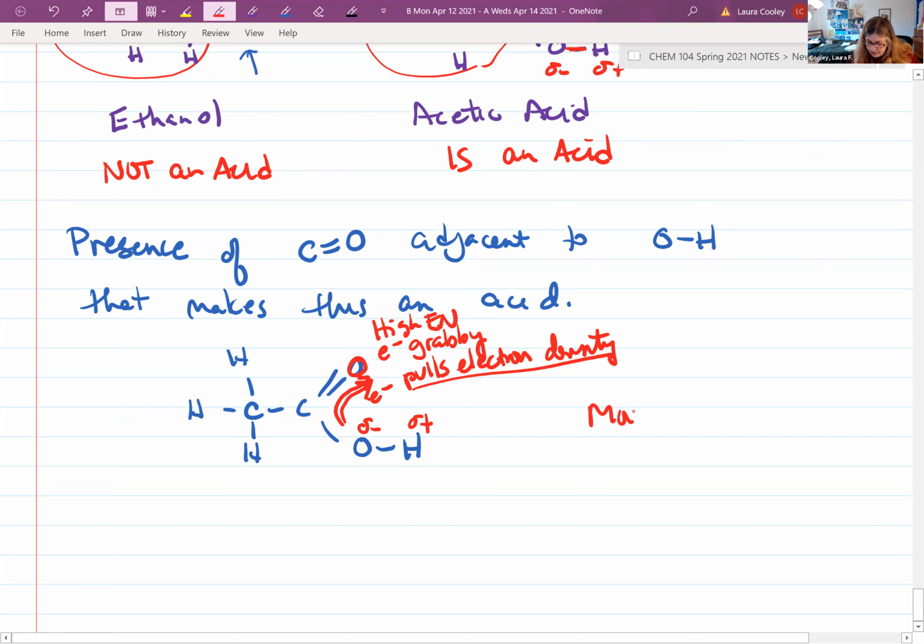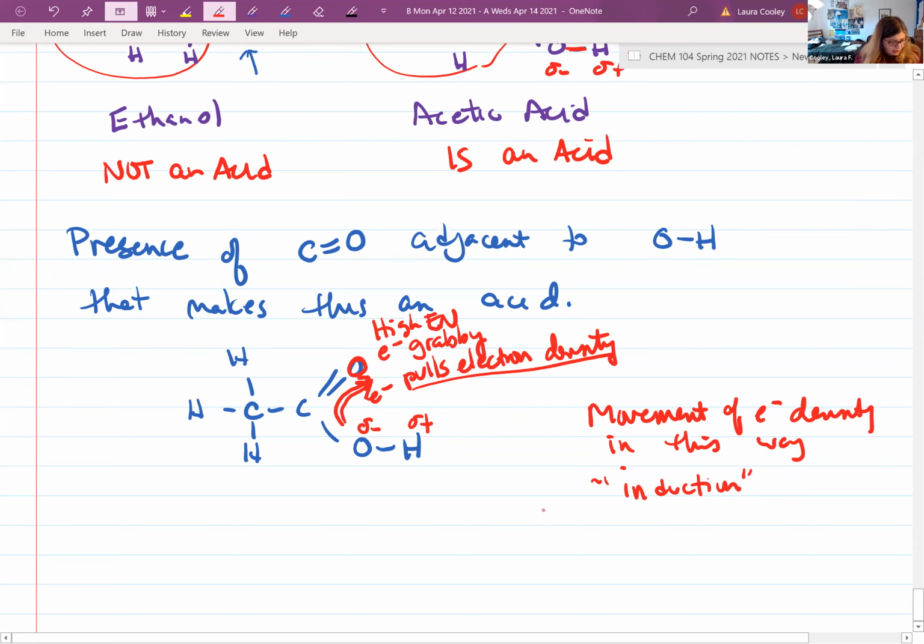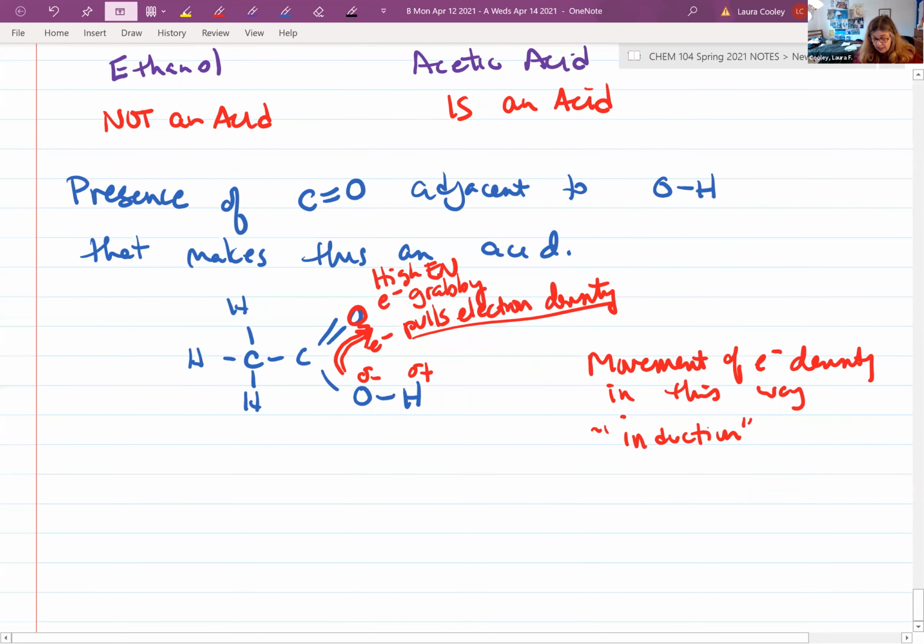This movement of electron density in this way we call induction. So we say that the electron density moves towards the oxygen by induction. And that's something you'll use when you take organic chemistry.